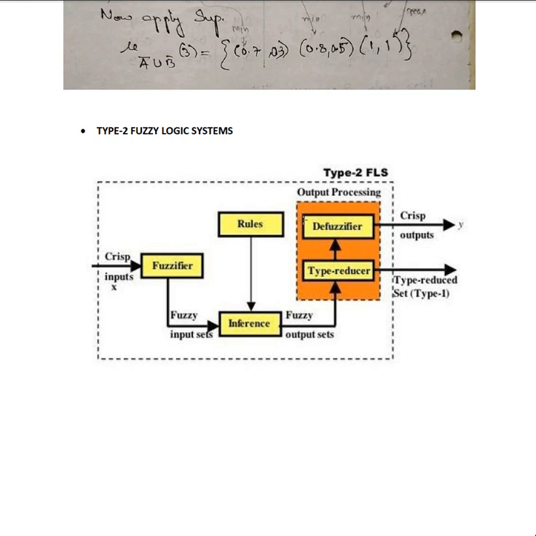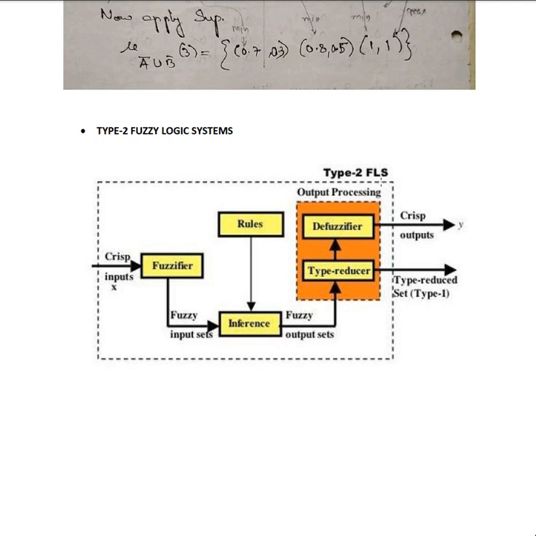This is the type 1 fuzzy set. The type 2 fuzzy set reduces the type 1 fuzzy set, applying the basic conditions with respect to the weight, then applies the logic, then the defuzzifier, and then the crisp output is generated.